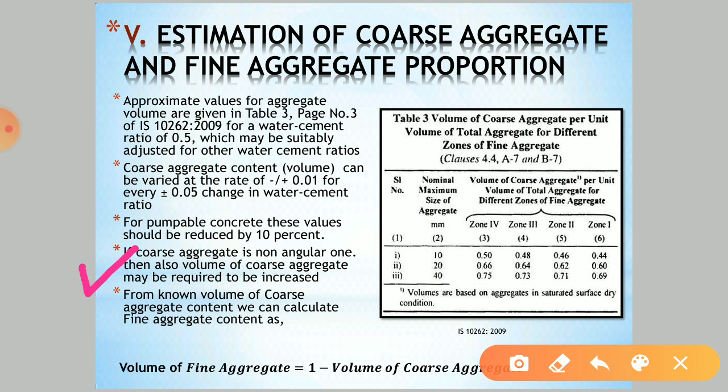Now you have calculated the volume of coarse aggregate using this table and made changes using this clause. Then how to calculate the volume of fine aggregate? Simply use this formula: volume of fine aggregate is equal to 1 minus volume of coarse aggregate.